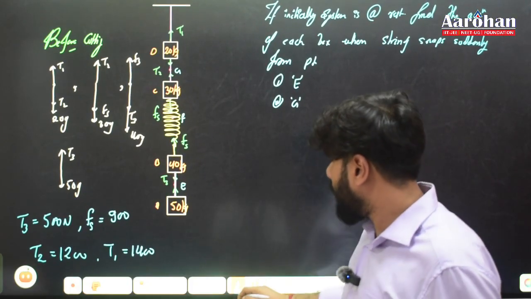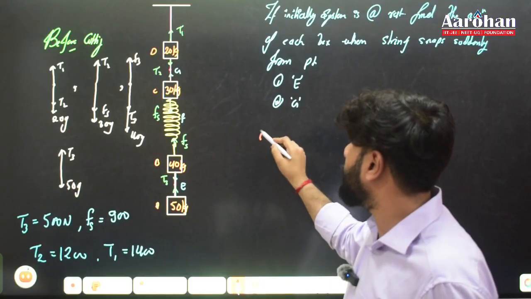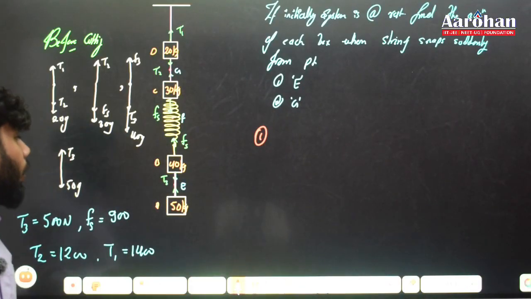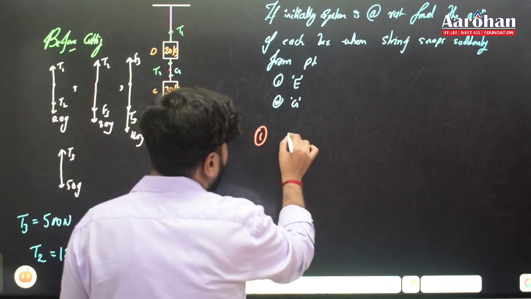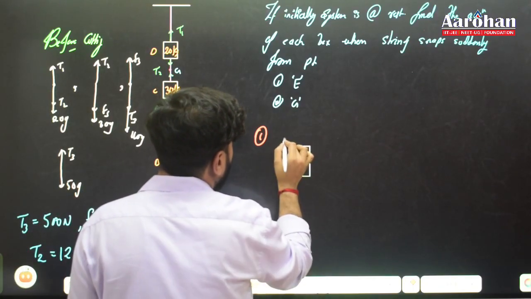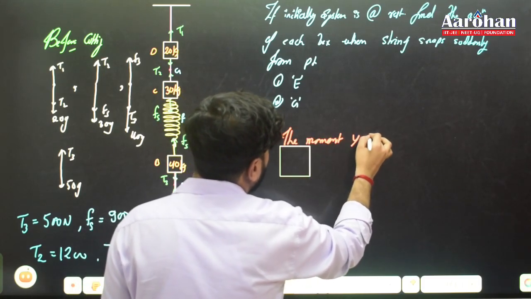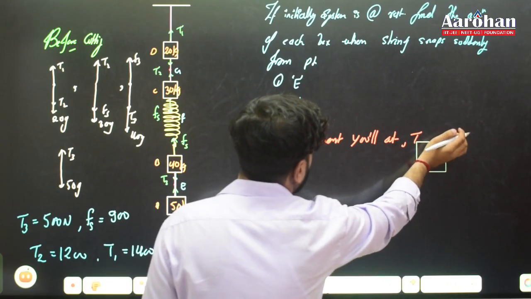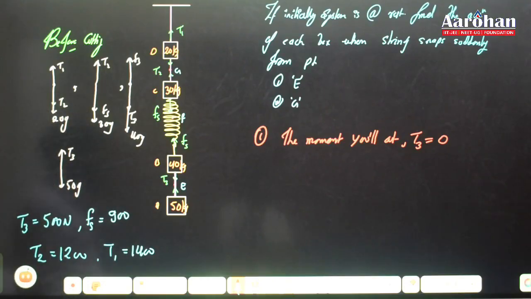And if you talk about after cutting, we are doing the first part, cutting from point E. What you will see the moment you cut, T3 will become 0. That we already know, tension will become 0. But what will happen to Fs and the others?